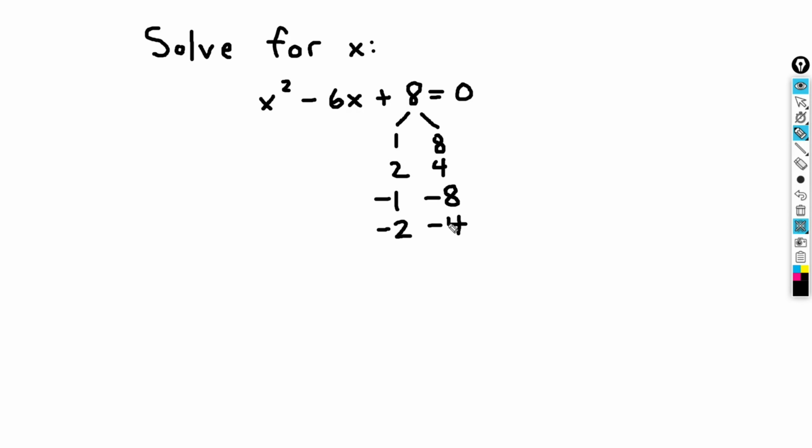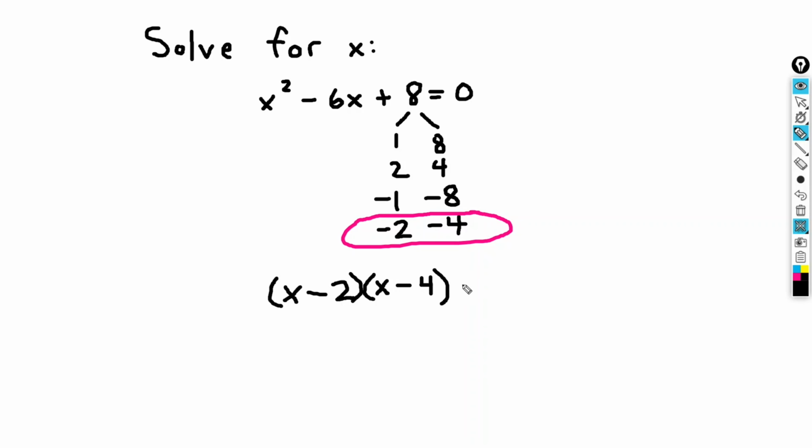Now, negative 2 plus negative 4 add to negative 6, so we're going to select those. And we're going to write this left-hand side of the equation in factored form as x minus 2 times x minus 4, and we're going to set that equal to 0.